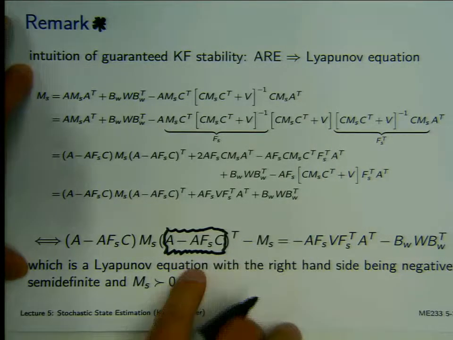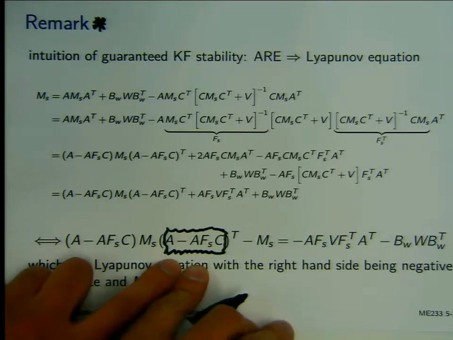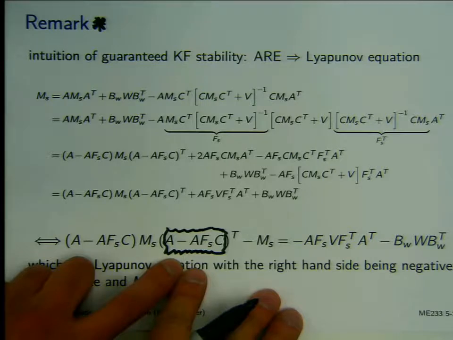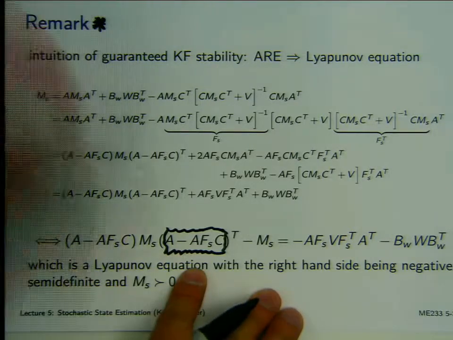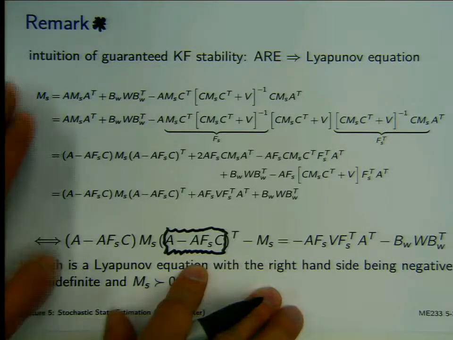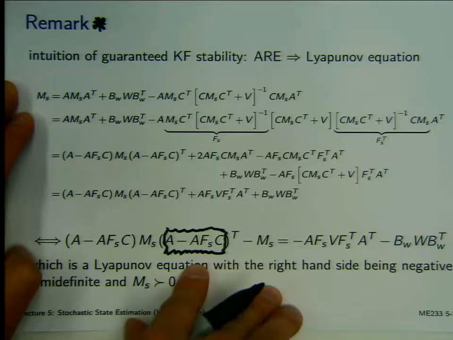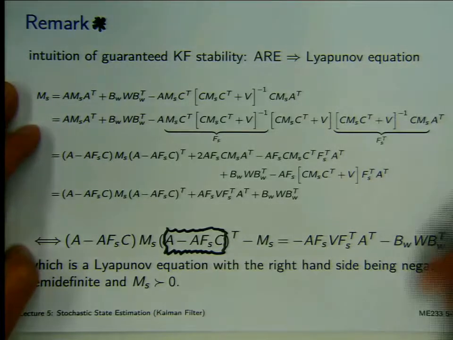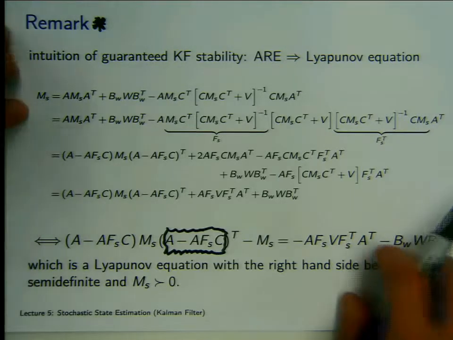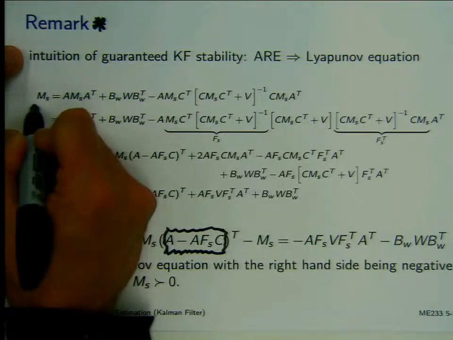I stated that the eigenvalues of this matrix are inside the unit circle, but I didn't prove it. This is explaining why the stability holds in this case. It's very similar to the LQ analysis. You just have to understand the main ideas here. The detailed steps are a little bit more involved. So the main idea is this.